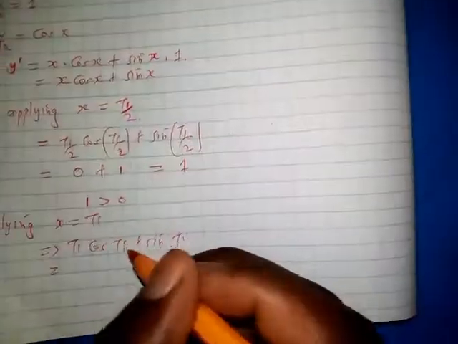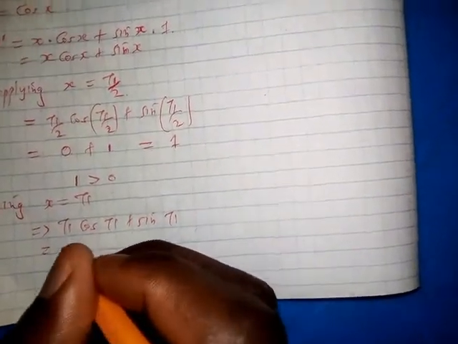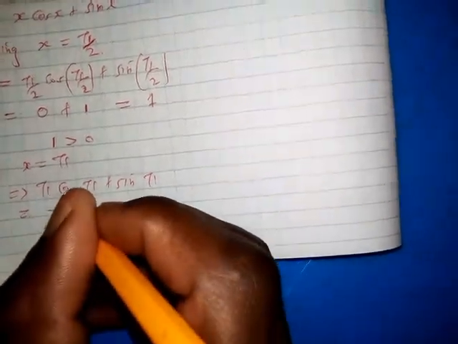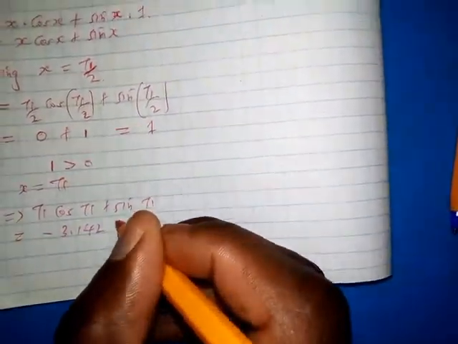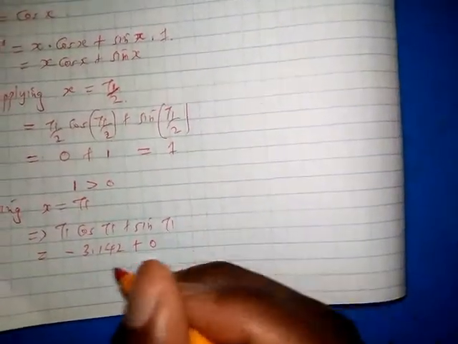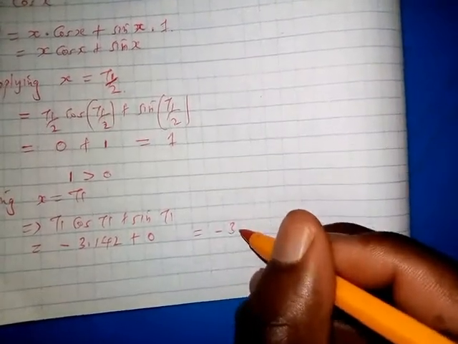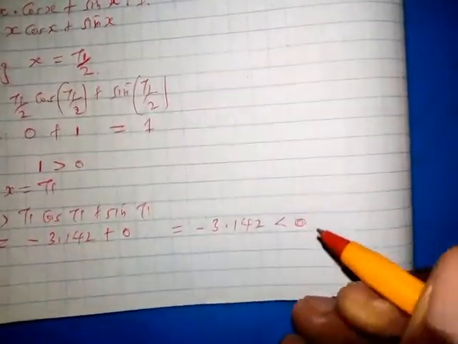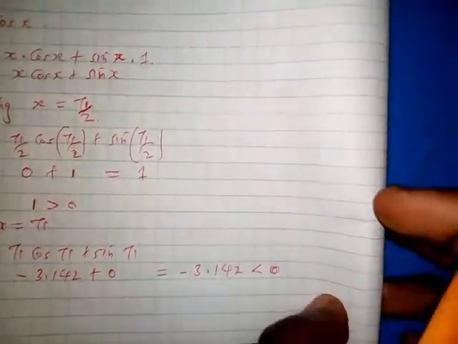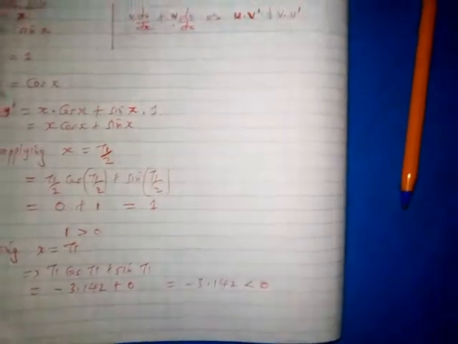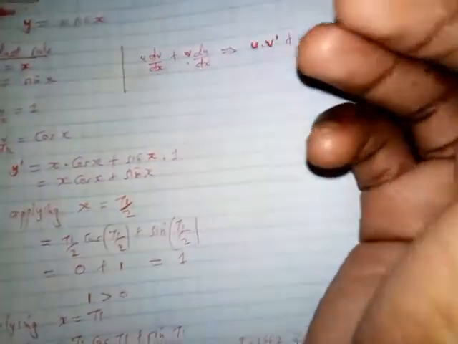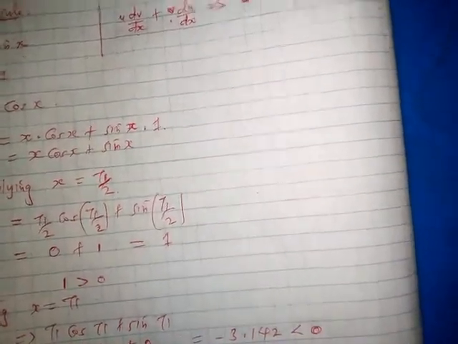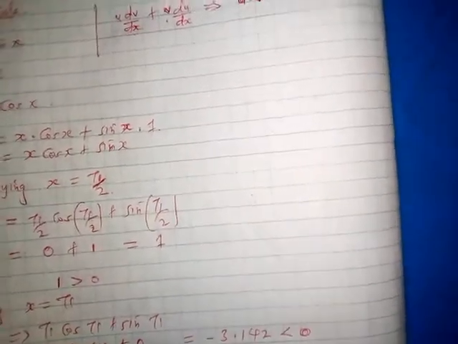Then cos pi is negative 1, so pi cos pi becomes negative 3.142, plus sin pi is 0, so plus 0, and this becomes negative 3.142, which is less than 0. And we can see that the function changes its signs at different points of this given interval. And we have said that if a function changes its signs at different points of a given region or interval, the function is not monotonic in that region.